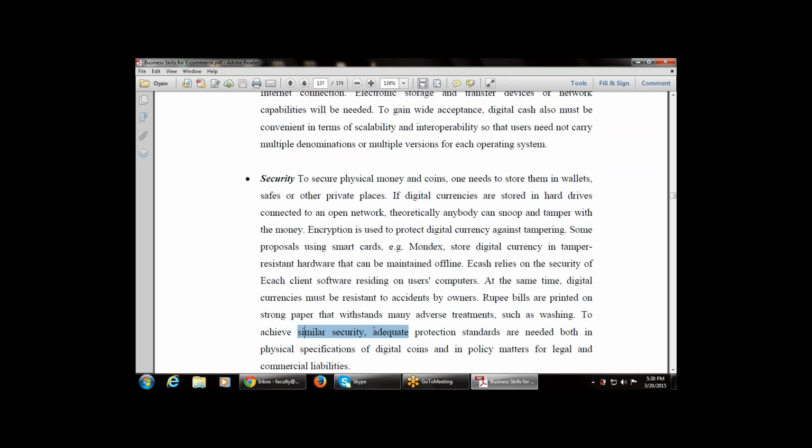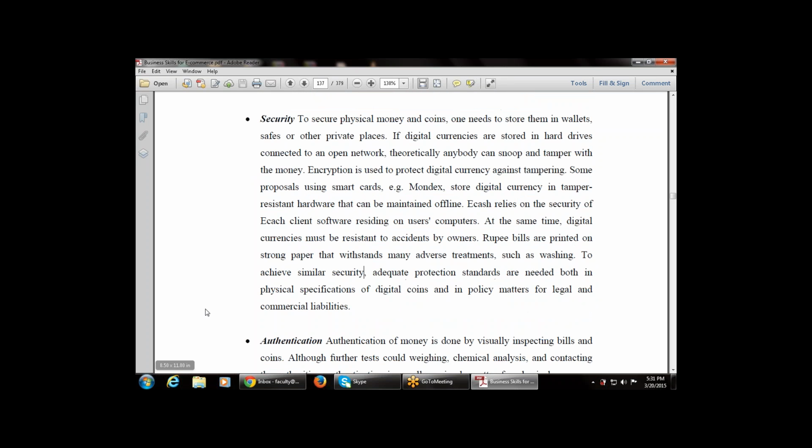To achieve similar security with digital currency, adequate protection standards are needed, both in the physical specification of digital coins and in policy matters for legal and commercial liability.